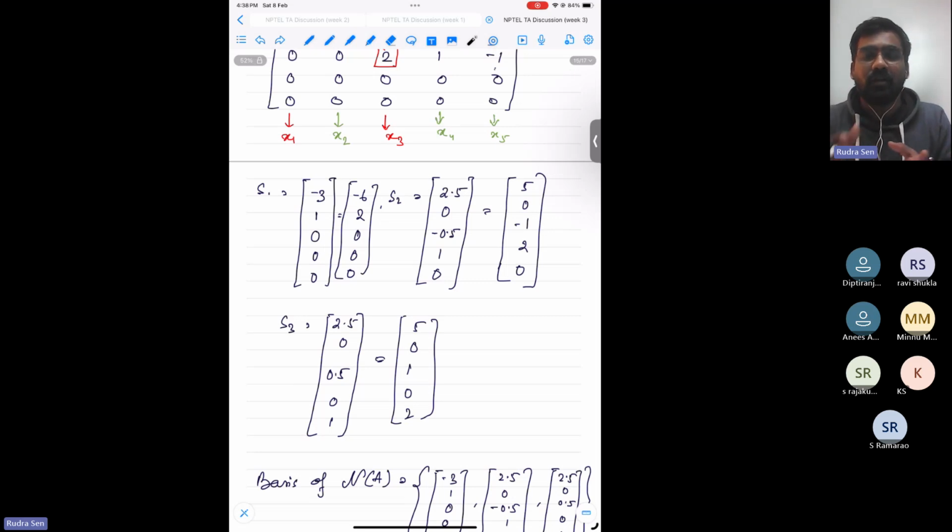We do not get any dependencies, because after all we have to find the basis of the null space. Linear dependencies basically lose the basis properties, right?